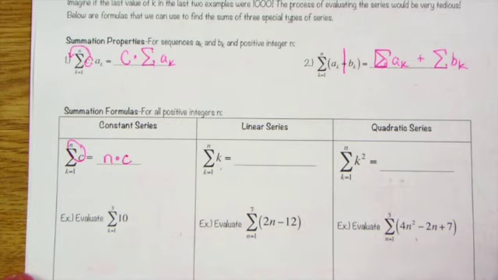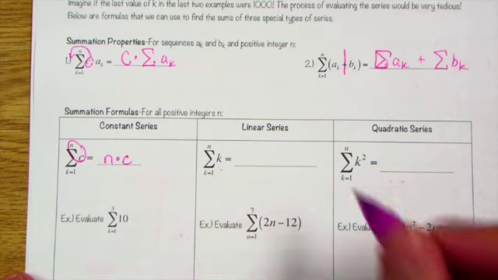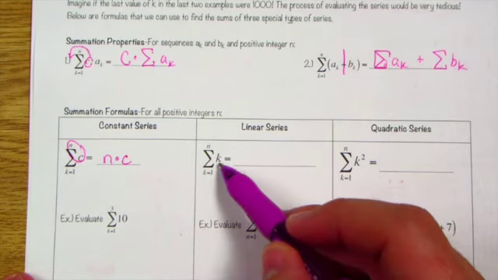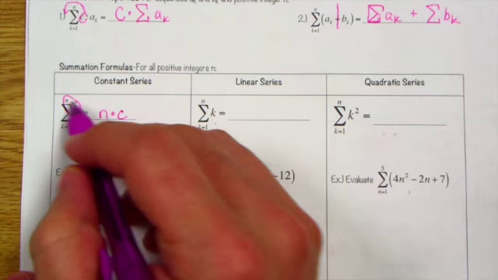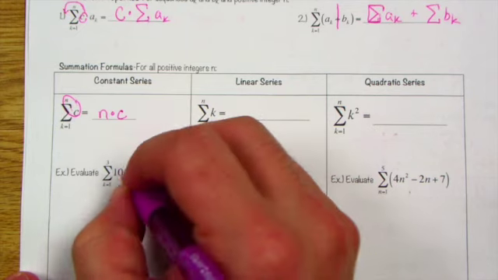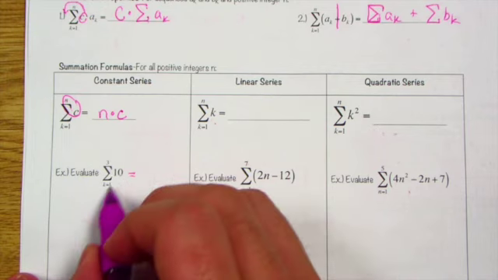Now none of these things you're going to have to remember. You'll be given all of these formulas on tests and quizzes, so you just need to know how to use them. If you have just a constant, you'll just do n times c and that'll be the answer. So when you have the sum of 10 going from 1 to 3, essentially the first term is 10.